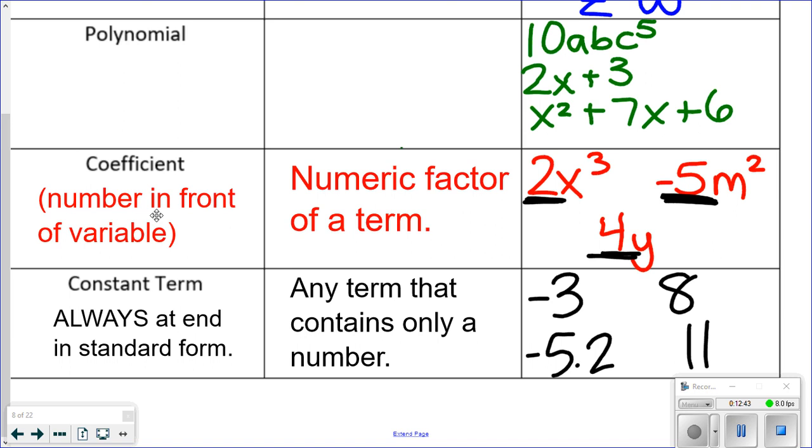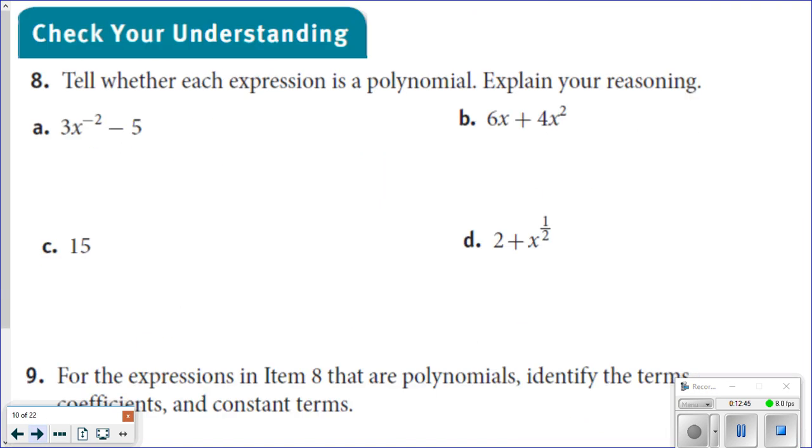So what I want you to do is in your book, this is still on page 356, I want you to answer question 8. It says, tell whether the expression is a polynomial. Now there's two rules here, two deciding factors. The first one, remember from activity 19, we cannot have negative exponents. And we learned today that a polynomial has to have a whole number exponent, so no fractions.